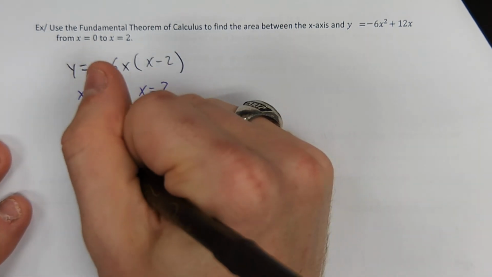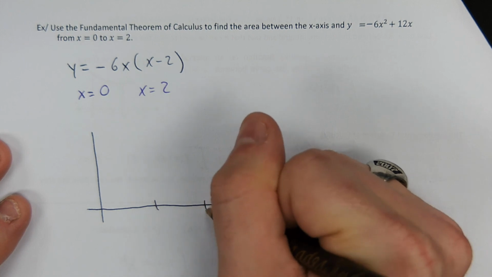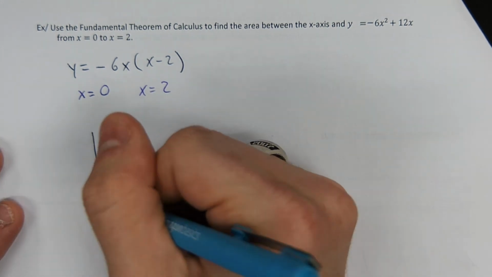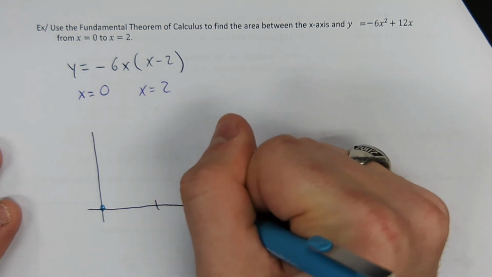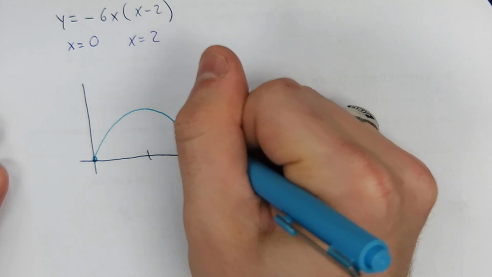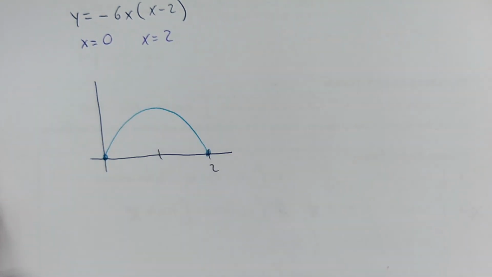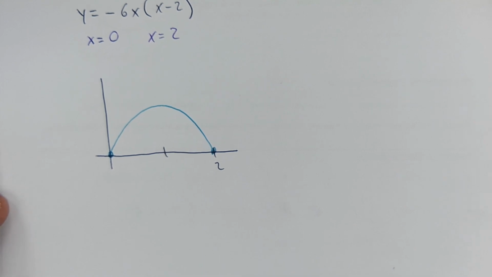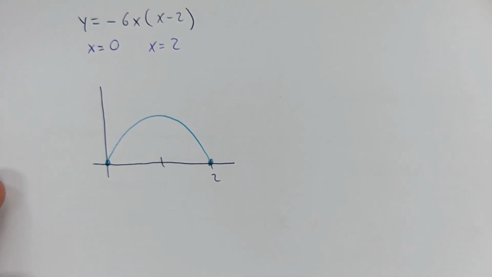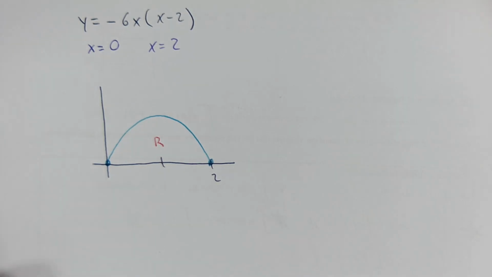So what we have is a quadratic like this, and then something like this. There. I don't even need to know what this y value is. It's unimportant. I just needed to know, does this entire region exist above the x-axis? And the answer is yes, it does. This is the region we're working with here.